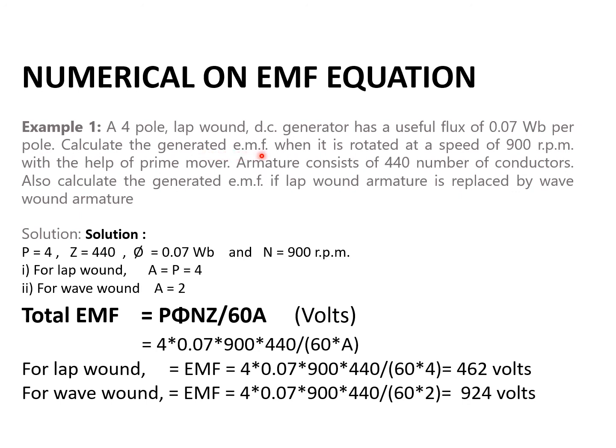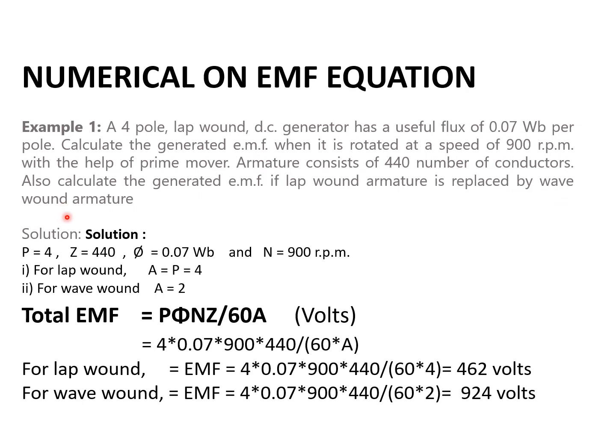Calculate the generated EMF when it is rotated at a speed of 900 revolutions per minute with the help of a prime mover. The armature consists of 440 conductors. Also calculate the generated EMF if the lap wound armature is replaced by a wave wound armature.